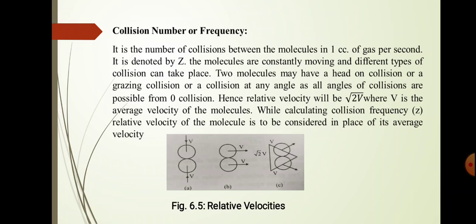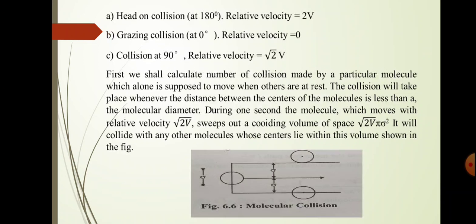So this is about some points of collision. Basically there are three types of collision as previously stated. First one is the head-on collision, where the relative velocity is 2v and the angle is 180, a face to face collision.